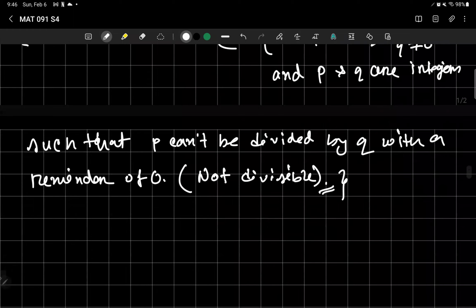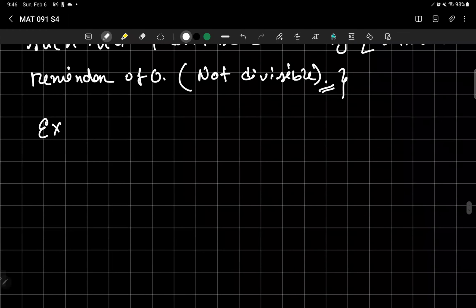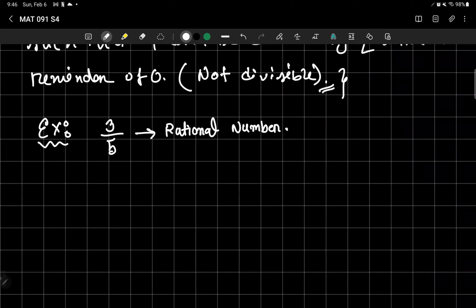All right. So let me show you an example. Maybe this will clear things up. For example, 3 by 5 is a rational number. Then what else do we have?